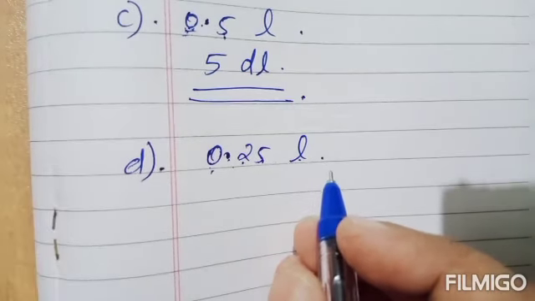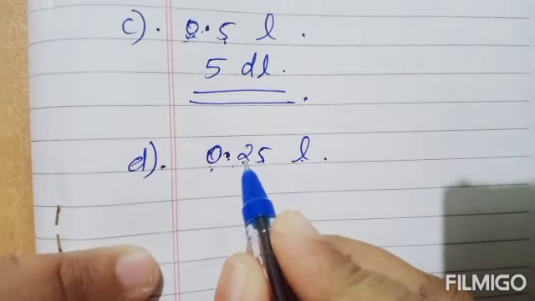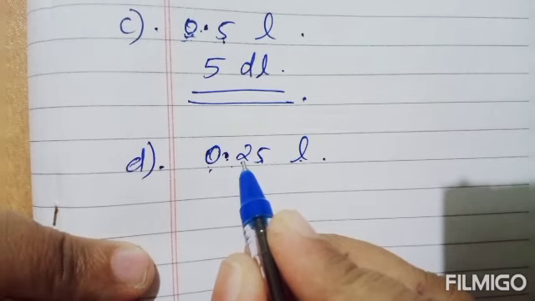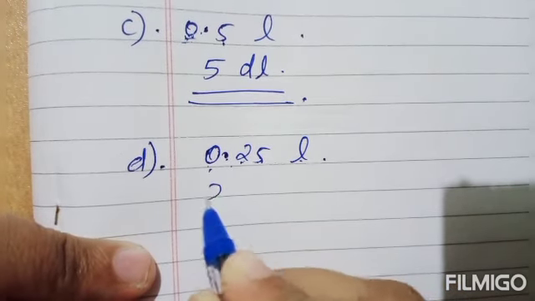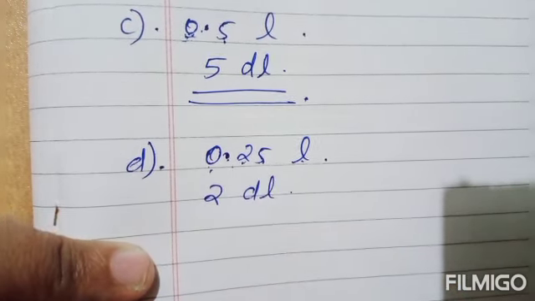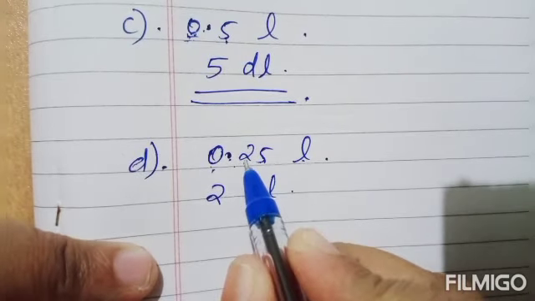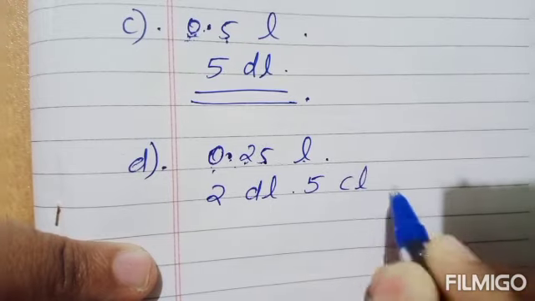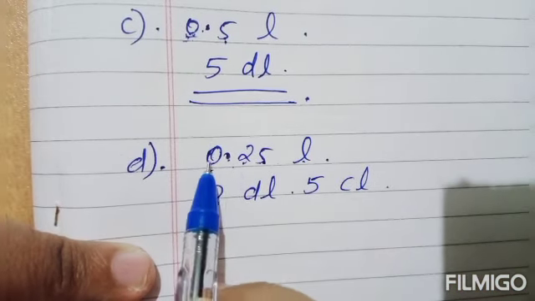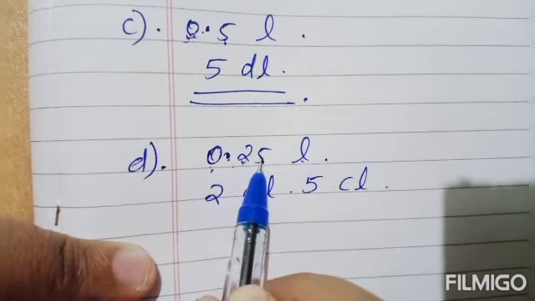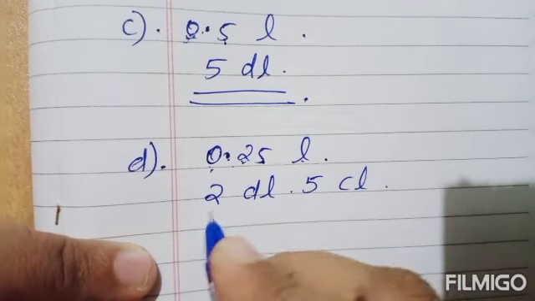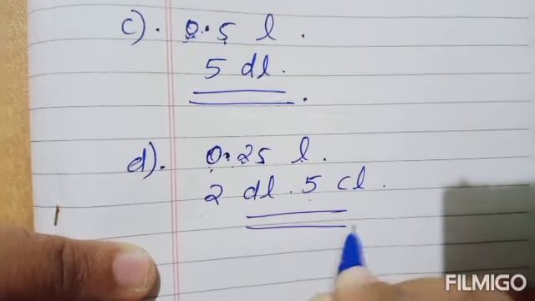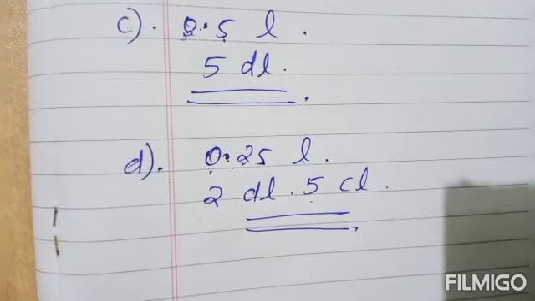After that, 10th place it is 2. So you can write 2 deciliter. Now 100th place it is 5. So you can write 5 centiliter. This is liter, deciliter, centiliter. So 2 deciliter, 5 centiliter. This will be the answer.